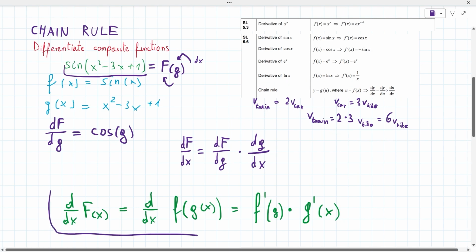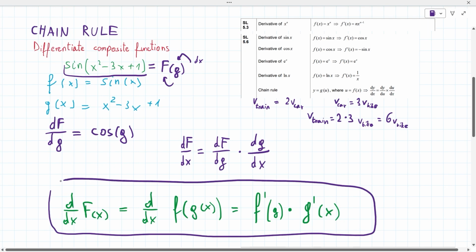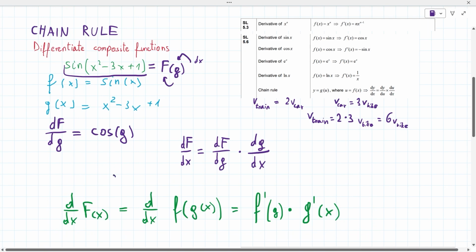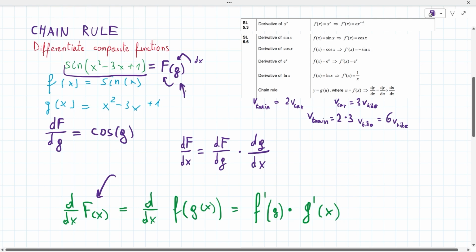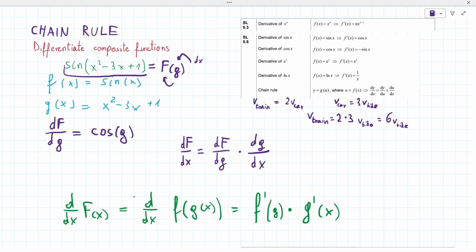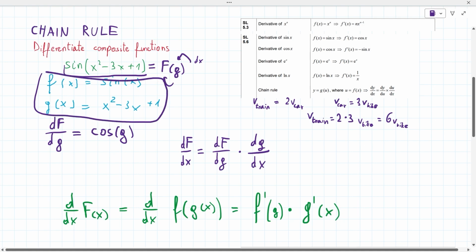So here I wrote an alternative way of writing the same statement, except I used the fact that we technically could look at the function big F as a function of x, because it's a function of g, which is a function of x, so sort of indirectly. And because I'm differentiating with respect to x, that's what I'm interested in. But in order to perform the differentiation, we needed to go through these two functions.